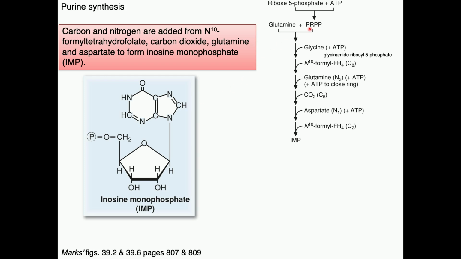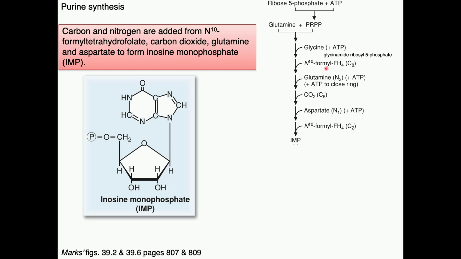So PRPP comes from the pentose phosphate pathway. Some of the stuff comes from amino acids, and look at this guy. We just talked about that, right? That's our most oxidized form of the tetrahydrofolate, the formyl tetrahydrofolate that we can get by formate from tryptophan catabolism, right?